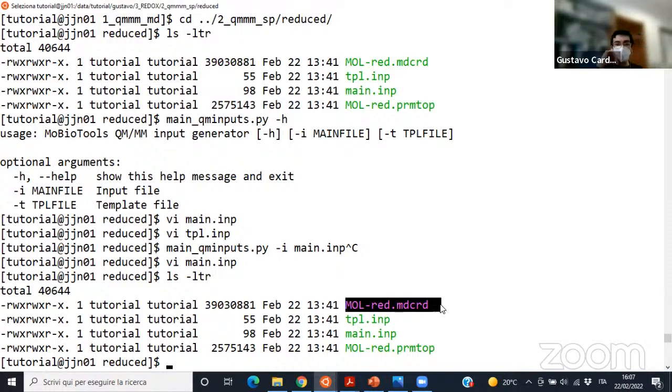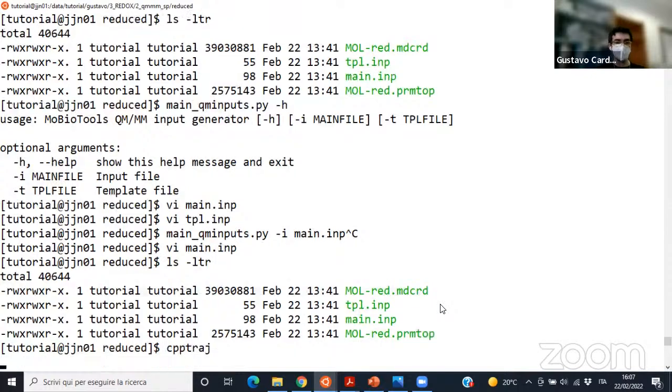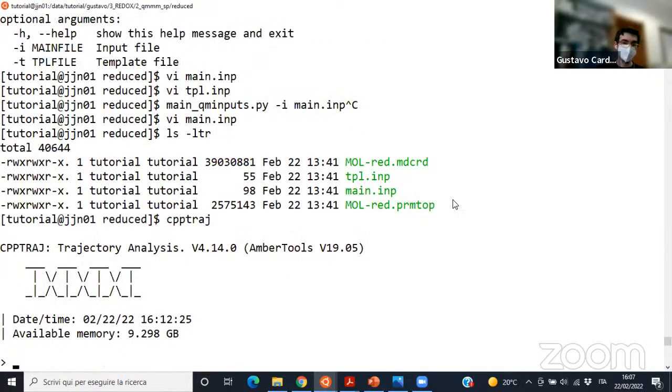So we're going to use CPPTRAJ because this is the easiest way for doing so. So let's do it. CPPTRAJ, and let's load the parameters. Actually, you can already start CPPTRAJ with the parameters loaded, but I always forget how to do that, so I just load them on the command line like this.